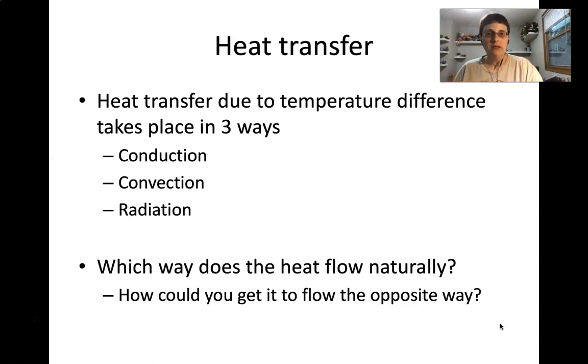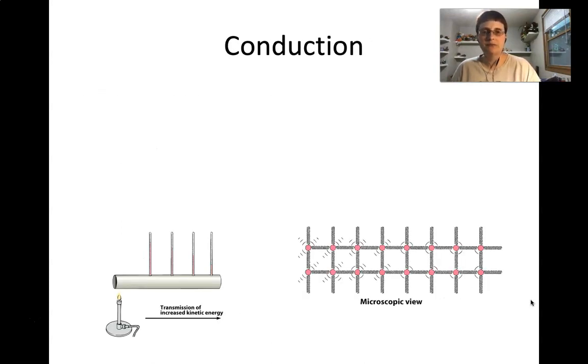Normally it would want to go from hot to cold, from the exterior area to the cold area and warm that up. So you need to do work, you need to apply energy in order to reverse heat flow. So we're going to start with conduction.